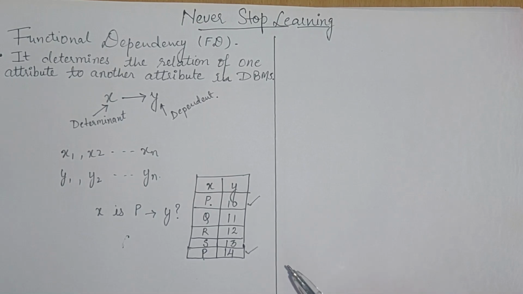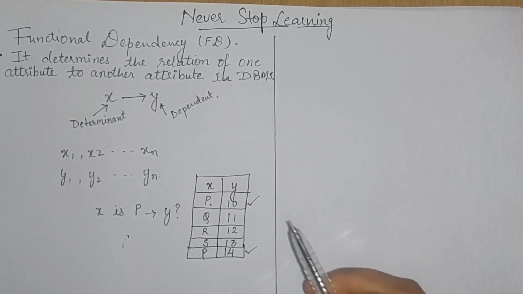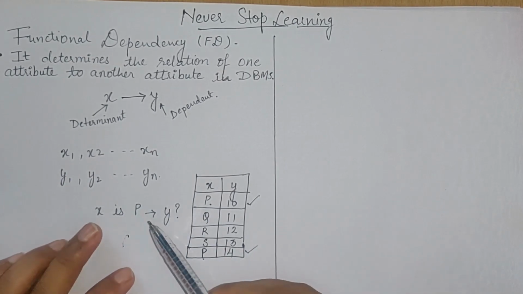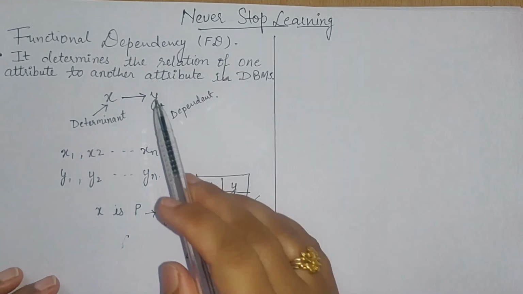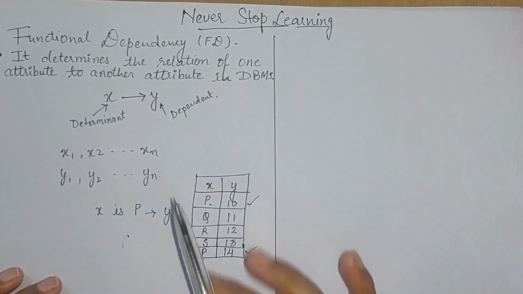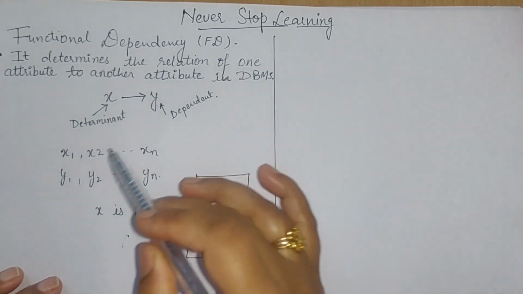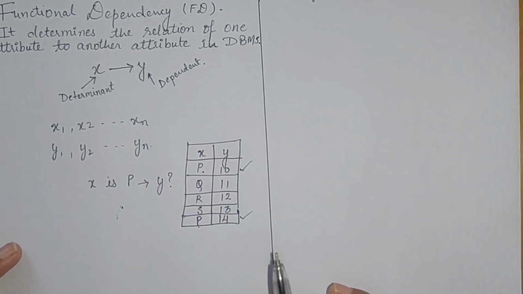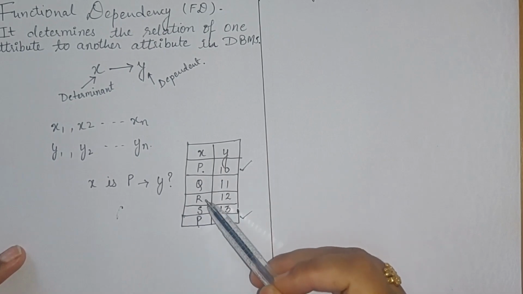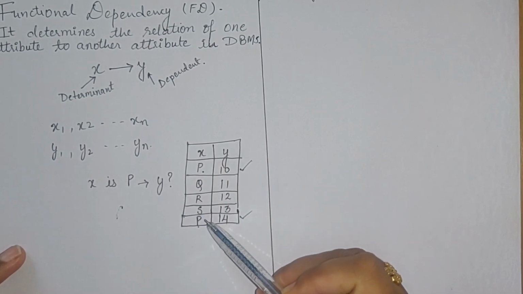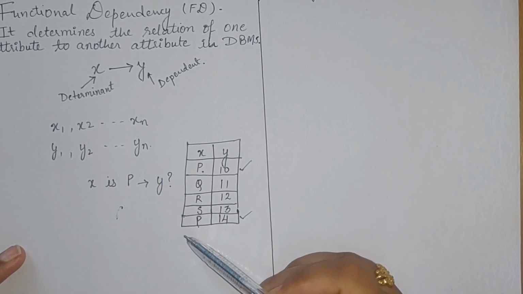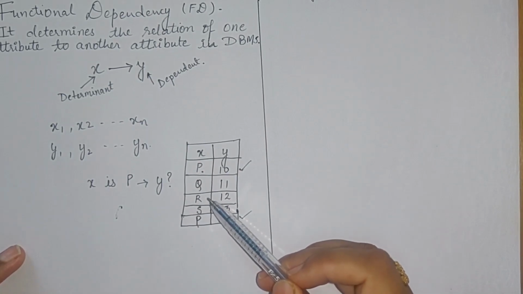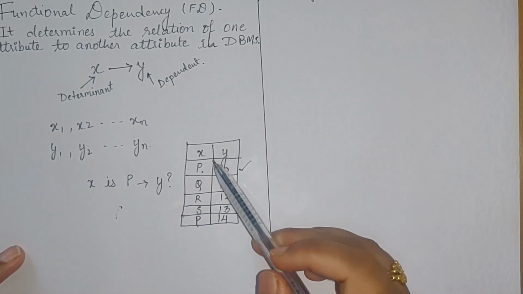So in this case we are not able to identify the value of y with respect to p. So your functional dependency definition says this condition should not happen. What functional dependency is saying is that a single value is allowed for the y attribute for the same value of x.